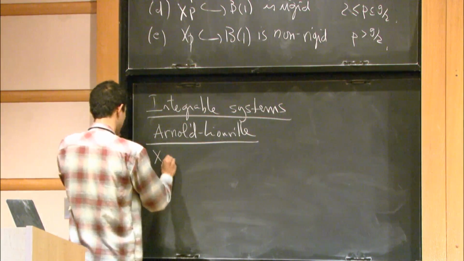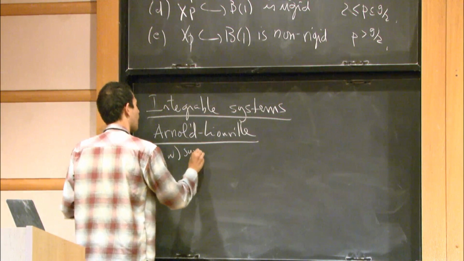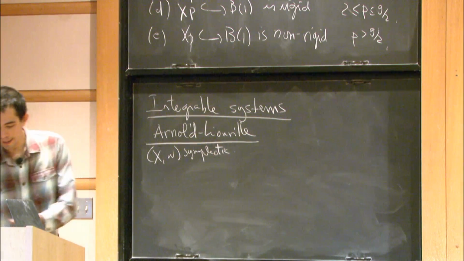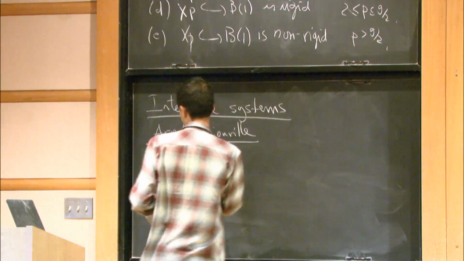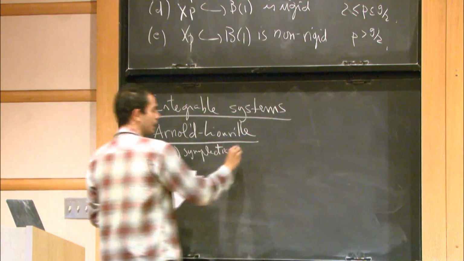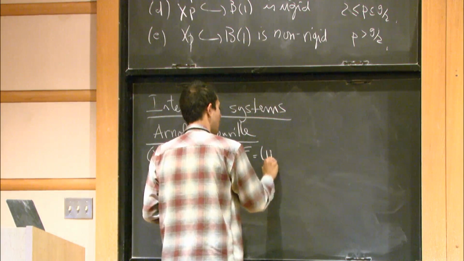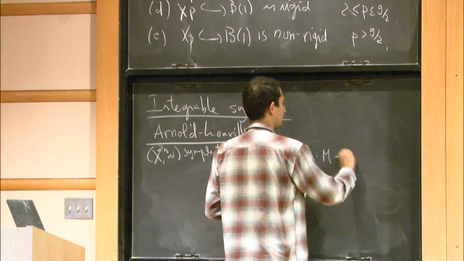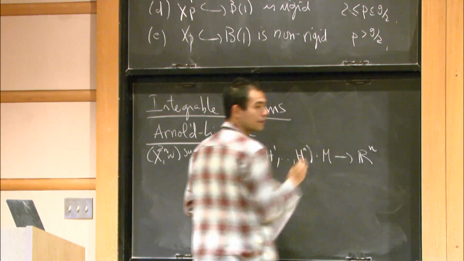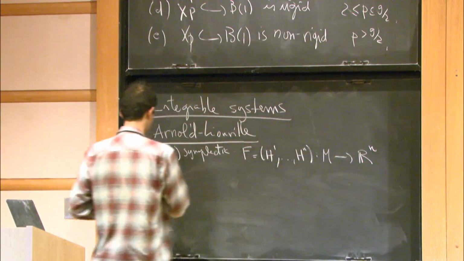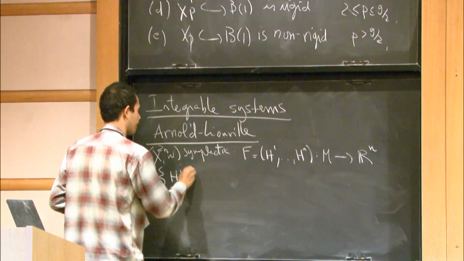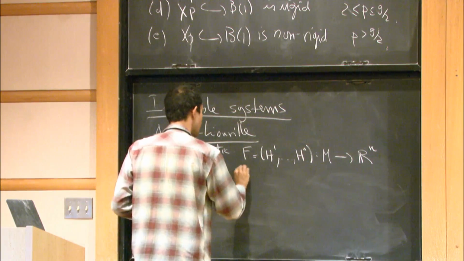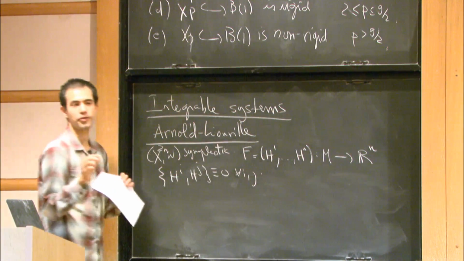OK, so let me write what the theorem says. So say that you have a symplectic manifold, of dimension 2n. And say that you have n functions, h1 through hn, F going from M to Rn, which Poisson commute. This just means that the Hamiltonian flows commute.